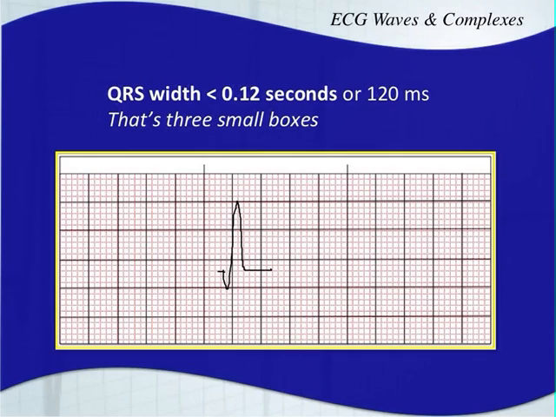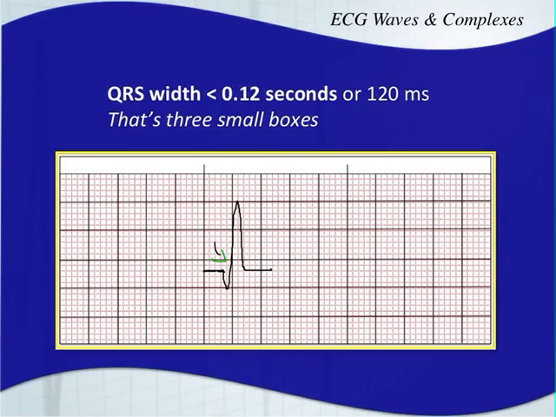So this one that I just drew, for example, would be considered wide because you start at the first positive or negative deflection off of that PR segment. Okay, so if we started right about here, I'm going to try to draw an arrow there, right about there, you'll see that there's more than 3 small boxes within that QRS complex.